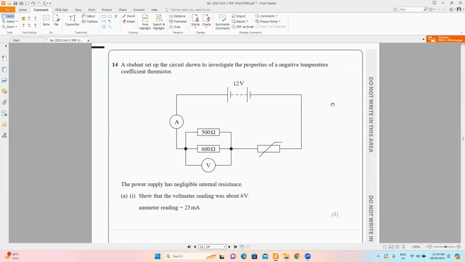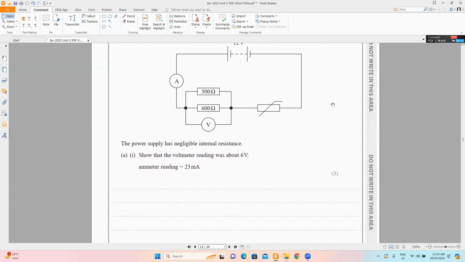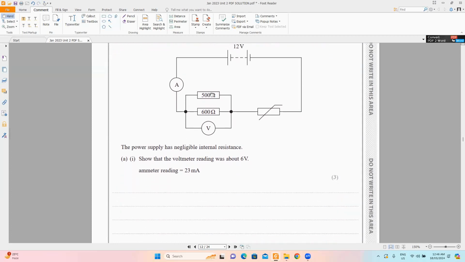Question 14 says, a student set up the circuit shown to investigate the properties of a negative temperature coefficient thermistor. The power supply has negligible internal resistance. Show that the voltmeter reading was about 6 volt. Ammeter reading is 23 milliampere. So when you look at a question like this, the very first thing you have to do is find the total resistance in the parallel circuit. So the total resistance of the parallel combination would be 1 by 500 plus 1 by 600 and 1 by the third resistor's value.